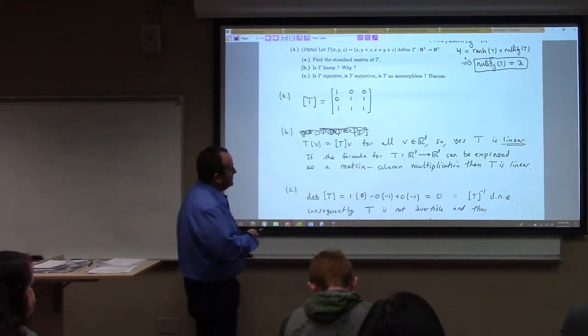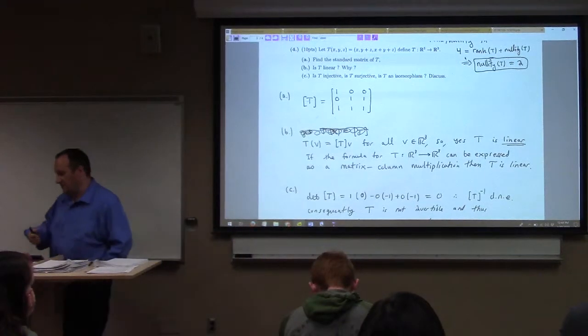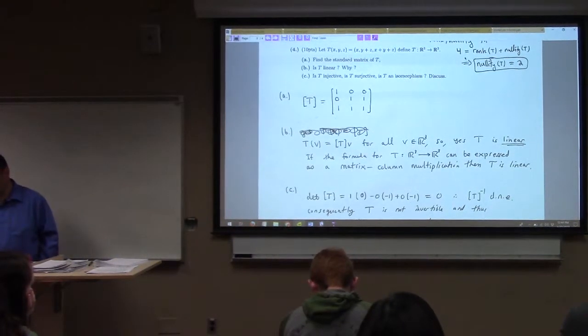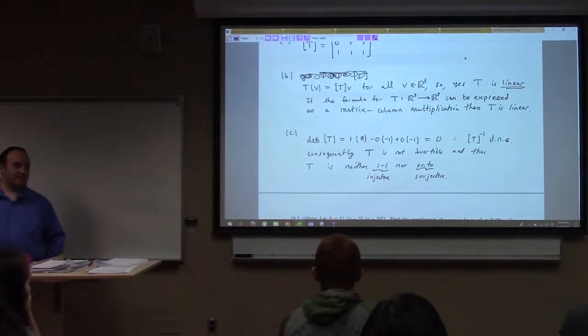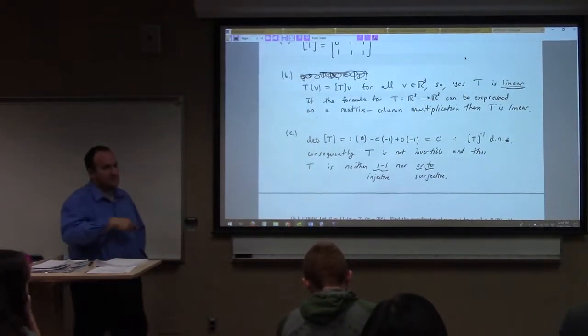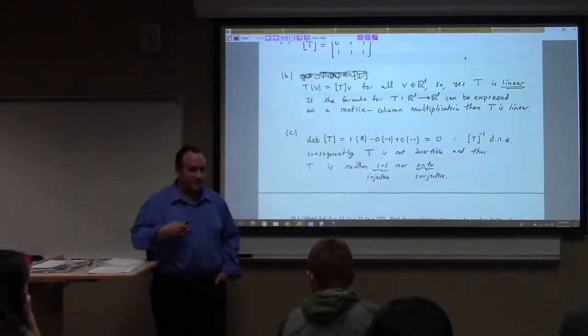So yes, it's linear, because the formula for T is given by a multiplication by a matrix. That's what I really should write there. I need to fix this solution a little bit and repost it later.